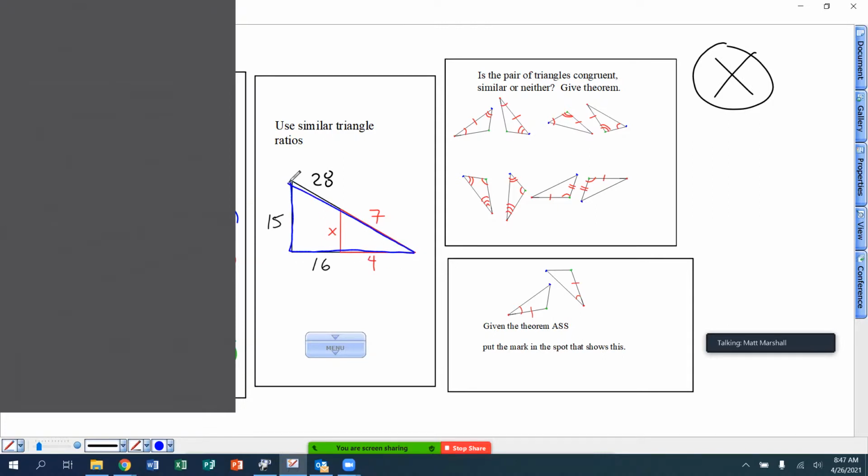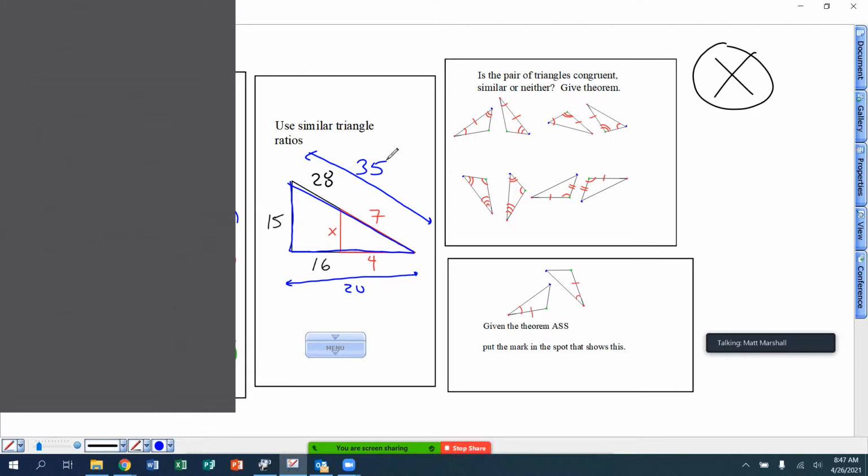And the pieces of the big daddy triangle you got to know. This 16 and 4 combine to give you the bottom length of that big daddy triangle. This 28 and 7, I use those two numbers to get the big daddy length of the hypotenuse.